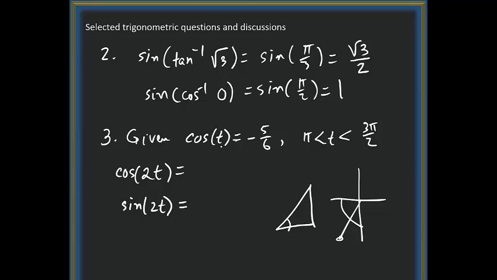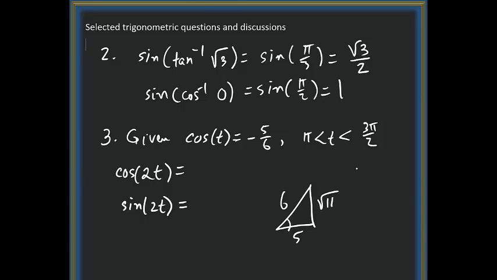Since we have cosine t is 5 over 6, I just ignore the negative sign, just thinking of the reference angle. So then we have adjacent is 5 and hypotenuse will be 6. Now easily you can use Pythagorean and find that this side will be square root of 11.